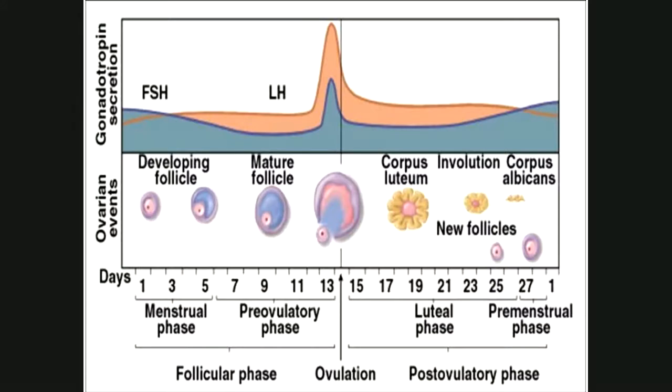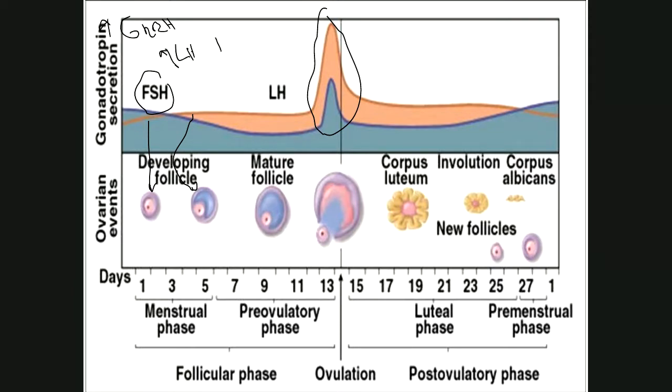So if we look at this follicle, there it is. Remember, we got GnRH. And look, we got FSH. FSH causes the follicle to grow, but we also have LH. LH causes the follicle to make estrogen. Right here is when we get this surge.